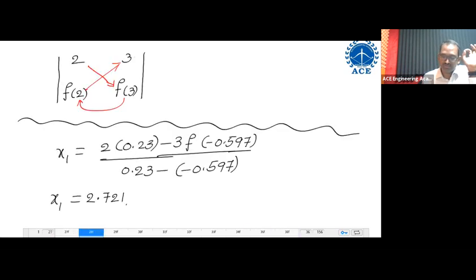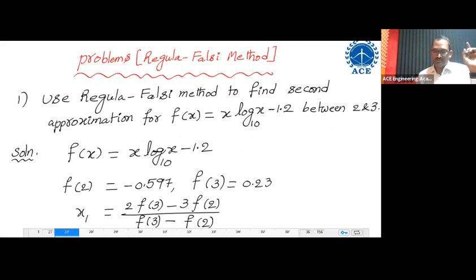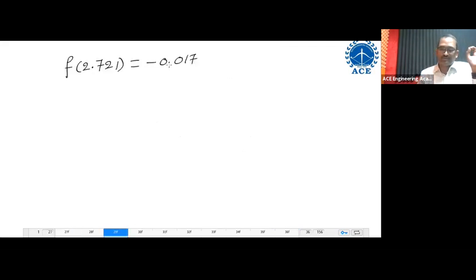Earlier f of 2 and f of 3 are of opposite signs. Now f of 2.721 is negative. If it is negative, where did you get the latest positive?